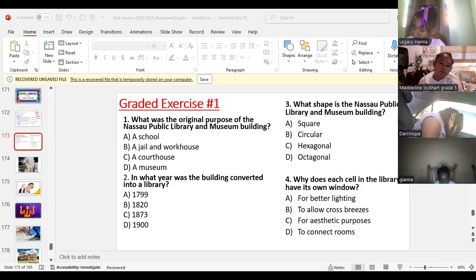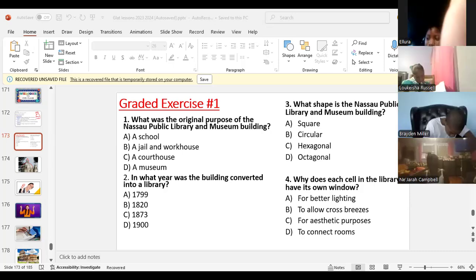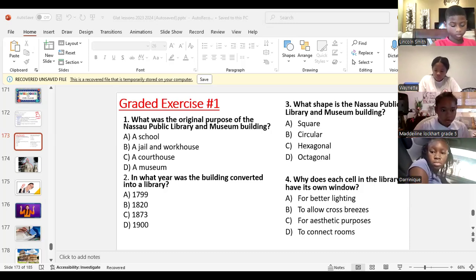Legacy, what number you on? I'm still on number 5. Number 5, okay. Plus, Mr. Petit. Yes, ma'am. I'm on D for number 7. For number 7, okay. Where's Allura? Allura, what number you on?